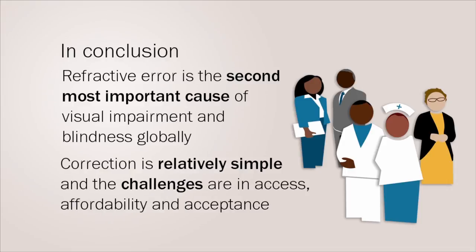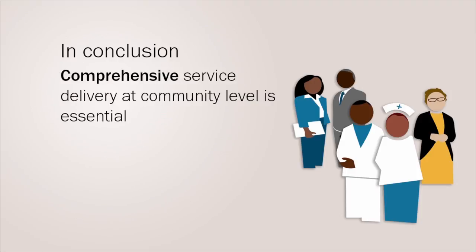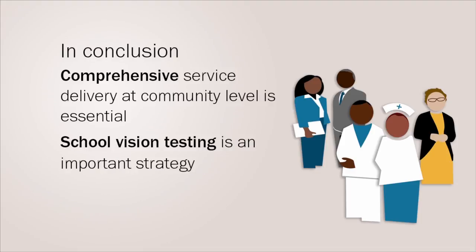Correction is relatively simple, and the challenges are in access, affordability, and acceptance of spectacle correction. To meet the need, comprehensive service delivery at the community level is essential. And school vision testing is an important strategy to address refractive error needs in children, and it can be done by trained and willing teachers.